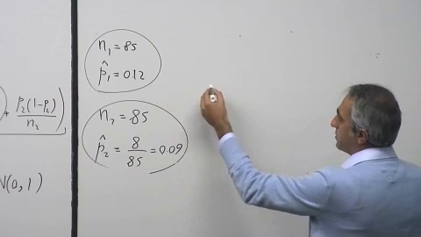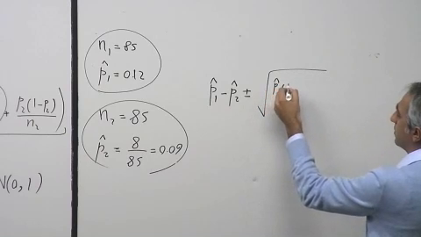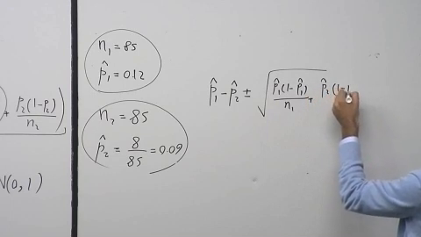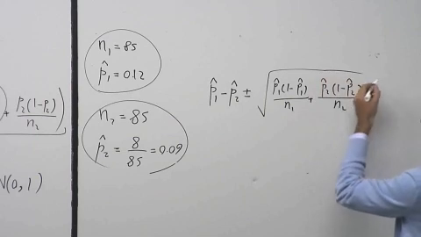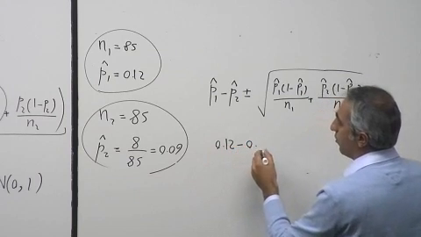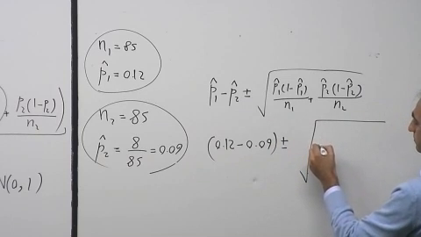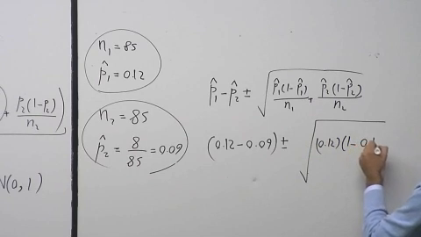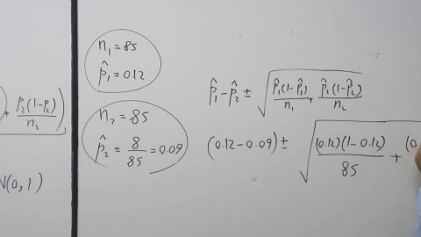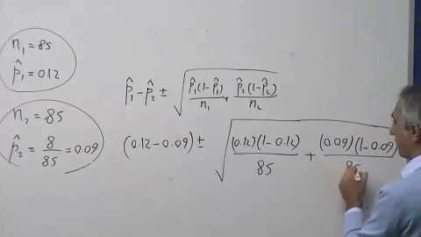I want to find a confidence interval, which is p hat 1 minus p hat 2, which in this case is 0.12 minus 0.09, plus minus the square root of 0.12 times 1 minus 0.12 divided by 85, plus 0.09 times 1 minus 0.09 divided by 85.